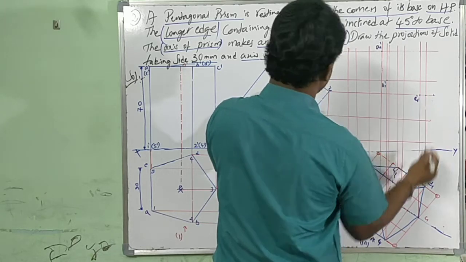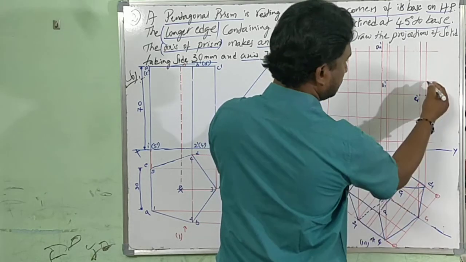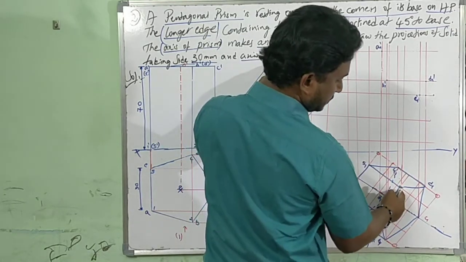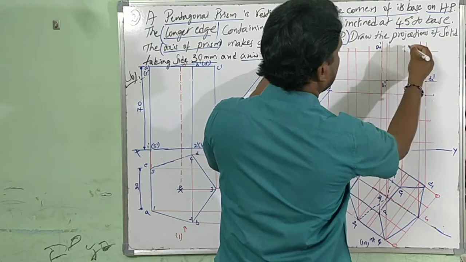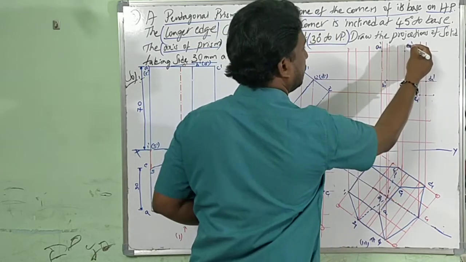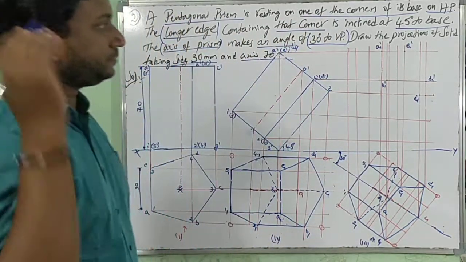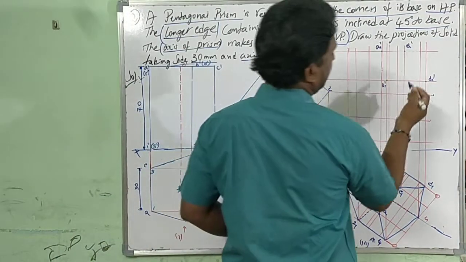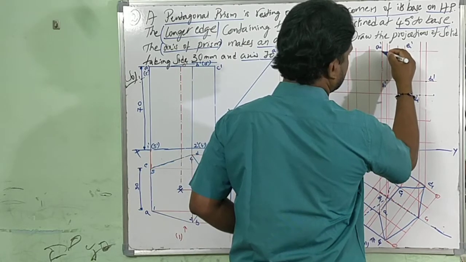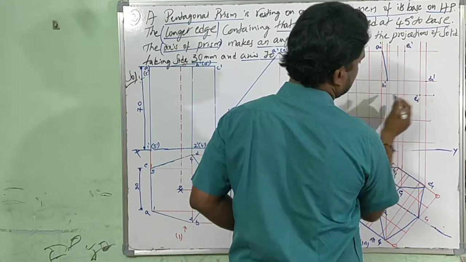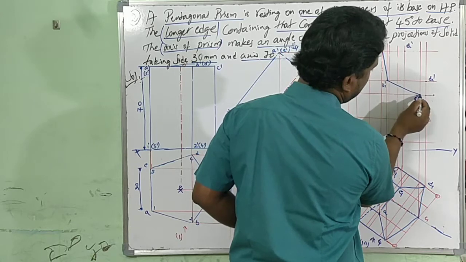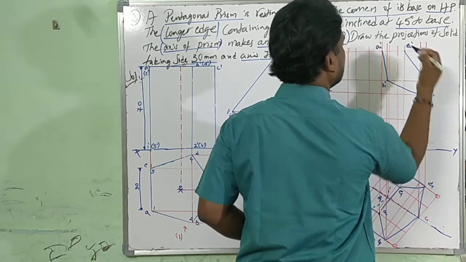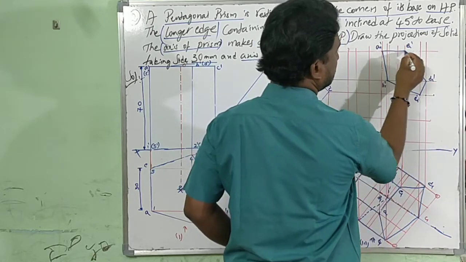C1 dash, D dash, D1 dash, E dash, E1 dash. All these I have to draw as thick lines: A1 dash, B1 dash, B1 dash, C1 dash, C1 dash, D1 dash, E1 dash.